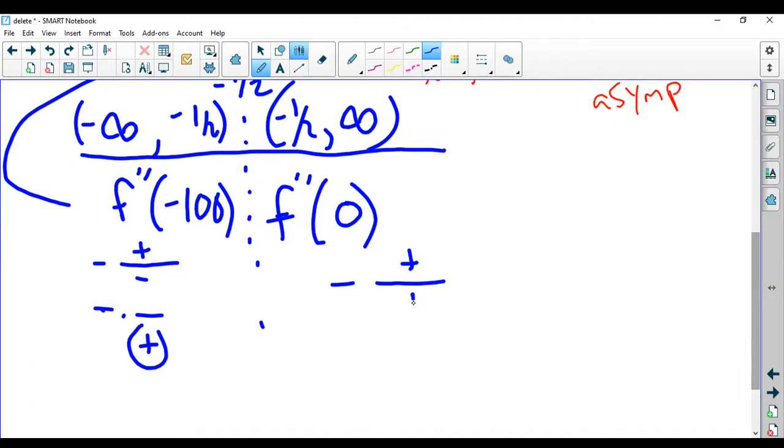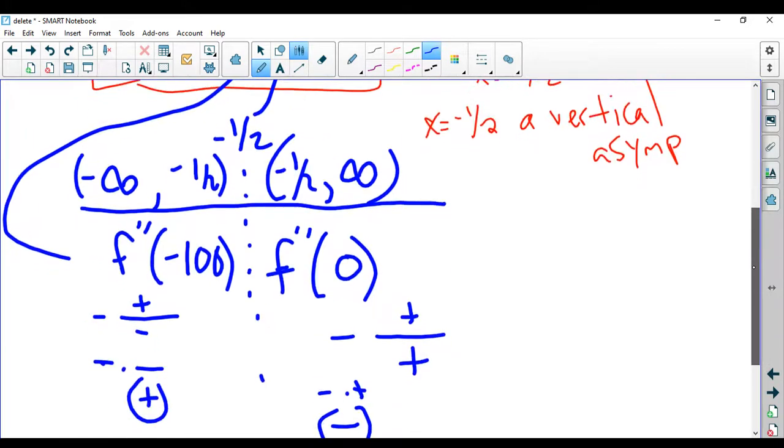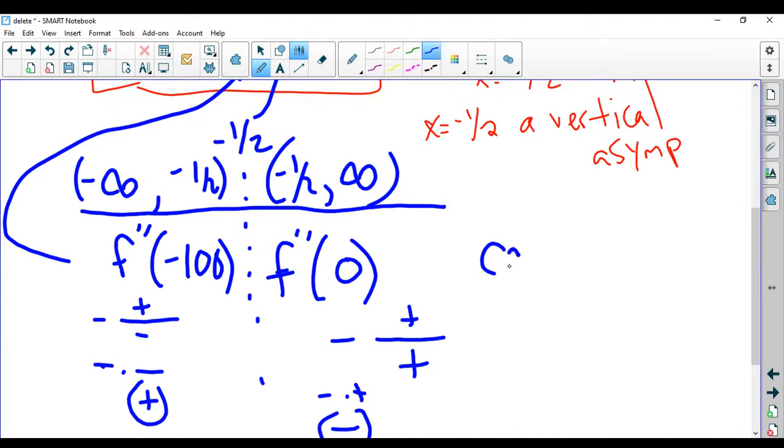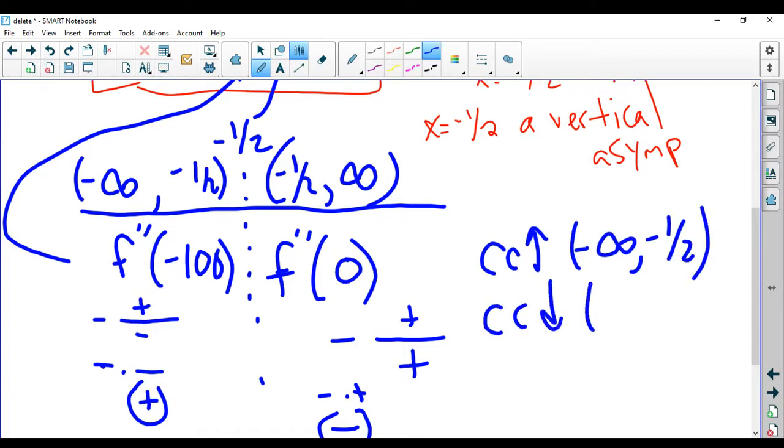So we're going to have a negative positive over positive, which is a negative times a positive, which is negative, which means concave down. So this function is concave up on the interval negative infinity to negative 1/2 and concave down from negative 1/2 to infinity.